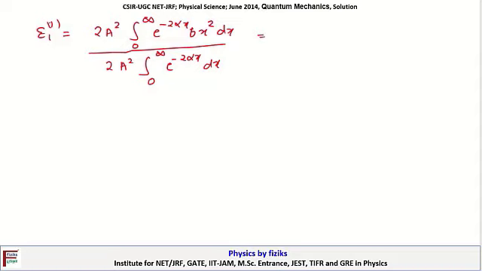The value of this term would be 2 divided by (2 alpha) cube times 2 factorial, and in the denominator it would be 1 by 2 alpha.